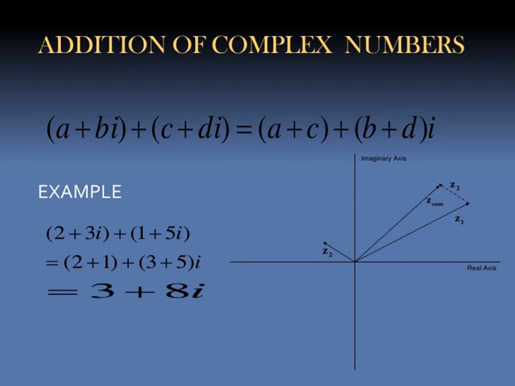Next, we add the second parts of these complex numbers, meaning the imaginary parts, that is, b plus d, multiplied by the imaginary unit i. Okay, you get it? First, we add the real parts of these two complex numbers, and then we add the imaginary parts of these complex numbers.